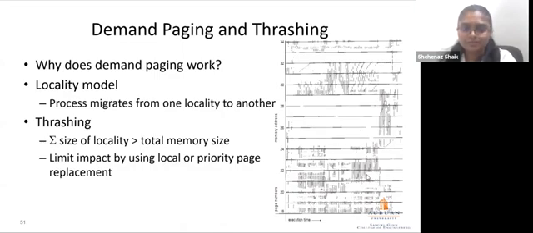Here we have a picture that shows, for a specific application or process, over the execution of the process, the different memory locations that are accessed by the process itself. As you can see here, the different memory locations that are accessed by a process over a period of time are located pretty closely in memory.